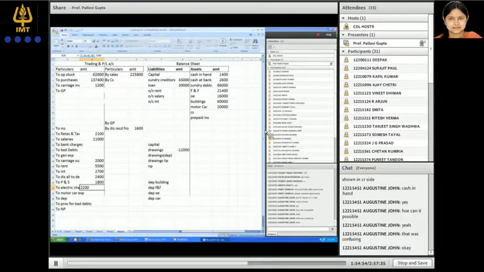Insurance premium, again the expense, PL. General office expenses, again the expense. Bad debts, expense. Bank charges, expense.